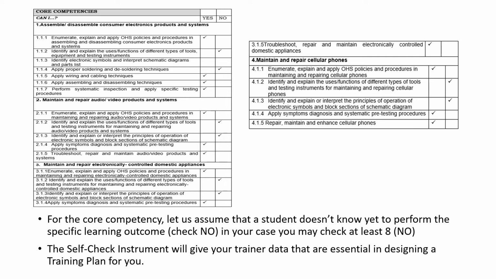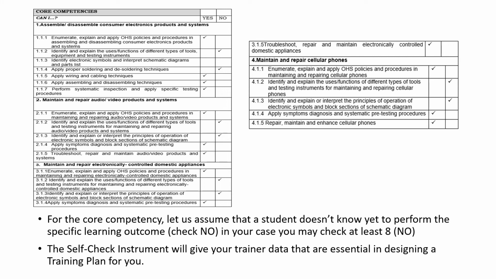So after you copied all the information coming from the basic and common core competencies, you will notice that you need to check yes or no. So for the basic and common competencies, we're just going to assume that all of those units of competency and their specific learning outcomes, you will just check yes. Okay?